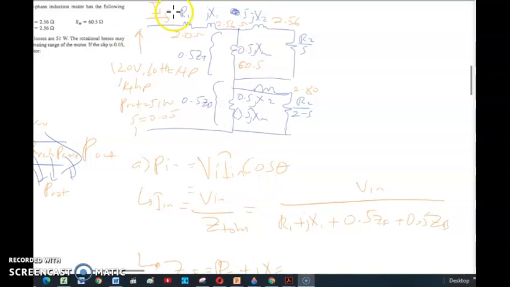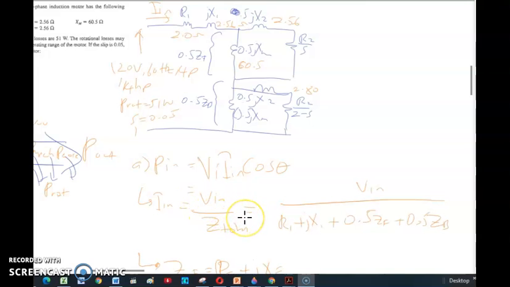But I in you have to calculate or measure. If you know the impedance between the terminals, you can use that: V in divided by the total impedance gives your I in.